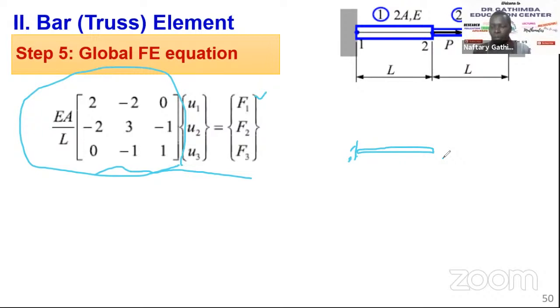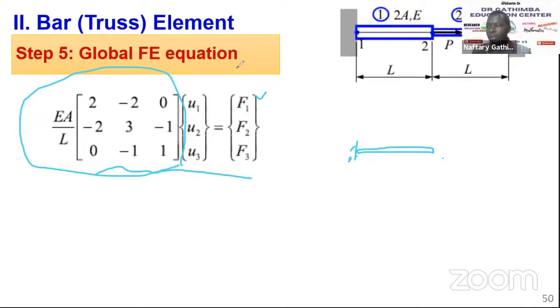So we can define the boundary condition. In that case, the elemental finite element equation is the same as the global finite element equation. So note the difference.